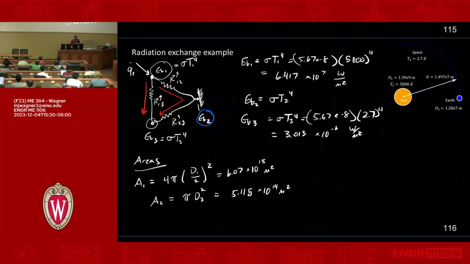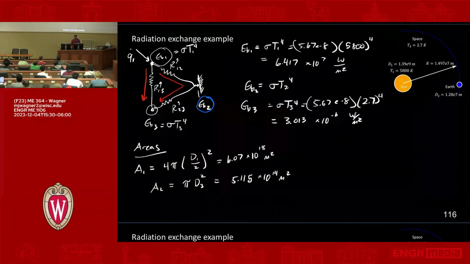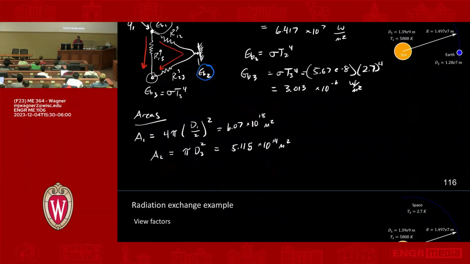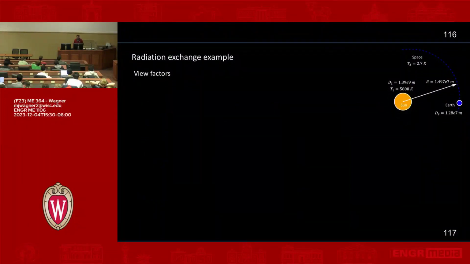What next? So now we can compute some view factors and some resistances. Okay, view factor. So let's first think about the sun to the Earth. The view factor here, F from surface 1 to 2, we can compute without a library, because if we realize that the sun and the Earth are very, very far away from each other, the amount of radiation that's going to hit the Earth is basically the area of the sphere at the orbit of the Earth.